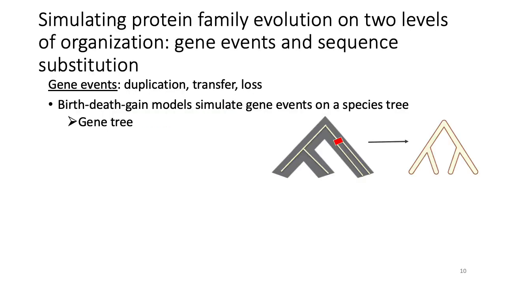If we ignore, for a moment, the problem of modeling gain and loss of protein modules, proteins evolve on two levels of biological organization: gene events and sequence events. Gene duplication, transfer, and loss are events that expand and contract the size of a protein family. These are typically modeled by a birth-death process on a species tree, resulting in a gene tree.